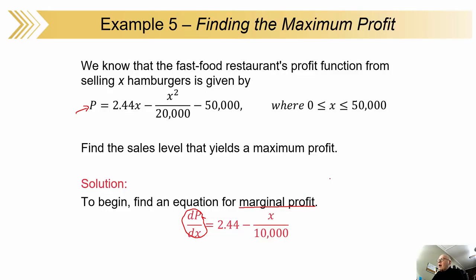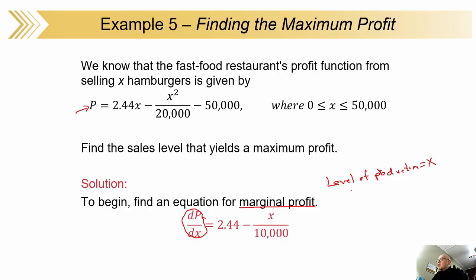Now, suppose you've got a production line. Production. So you're making x of these hamburgers. Maybe 1,000 hamburgers, 2,000, 3,000, whatever it is.